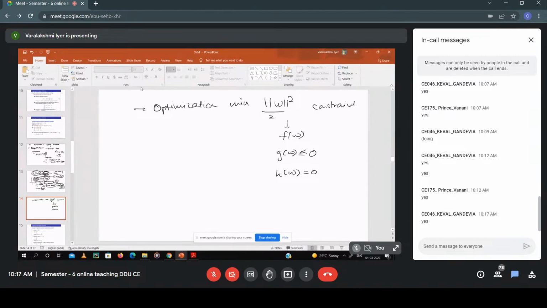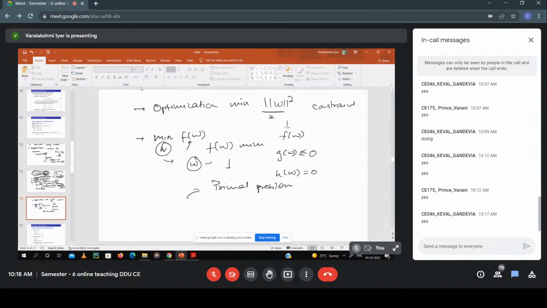Just consider this as an example. In all, our problem is to minimize the function f of w. For this, we have to find different values of w so that our function f of w is minimized. So this is our primal problem.